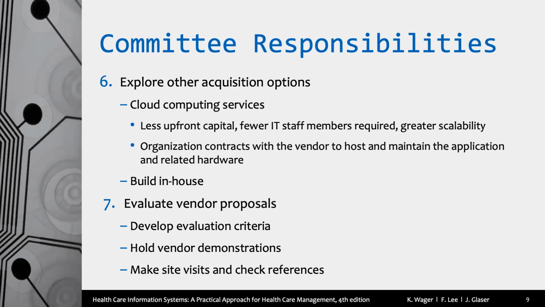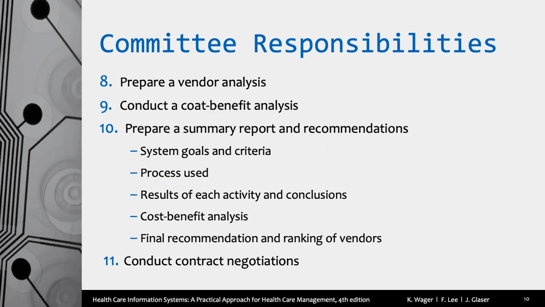Next, you have vendor demos. It's important there to let many people within the organization, maybe even people outside of that committee, view those demos, as it's very important for them to see what the potential options are. So we analyze the vendors, we do the cost benefit, and then we prepare a summary.